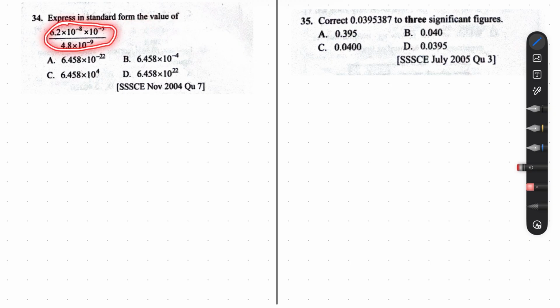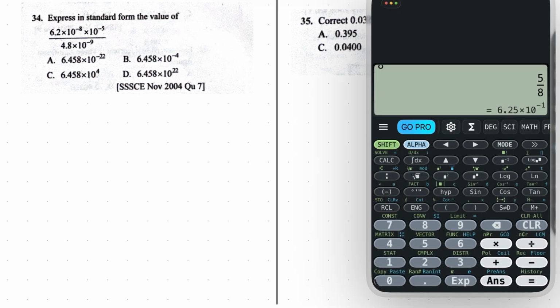As I mentioned before, this is an objective question, so we should just put it into our calculator so we can be fast. 6.2 times 10 to the power negative 8 times 10 to the power negative 5, then 4.8 times 10 to the power negative 9.